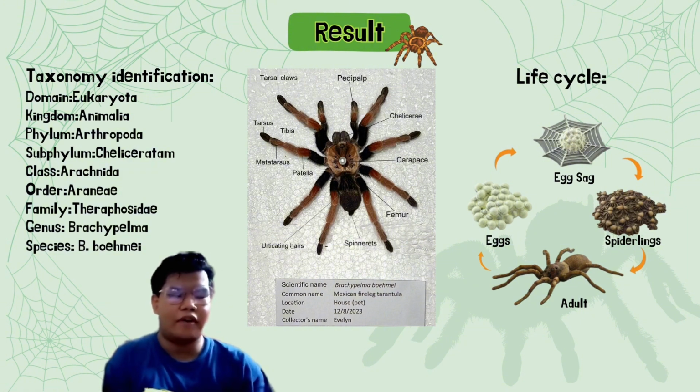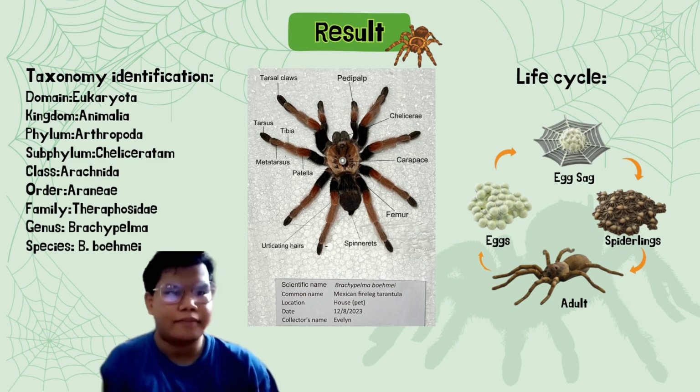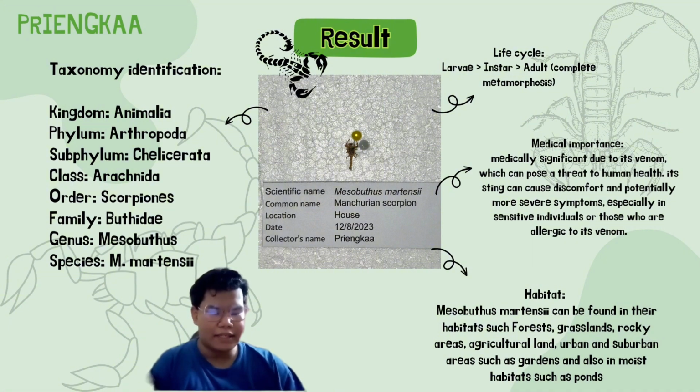The life cycle of the tarantula is from the egg sac, spiderling, and then adult. Prienkkaa's specimen has the common name Manchurian scorpion, and the scientific name is Mesobuthus martensii. The taxonomy identification is kingdom Animalia, phylum Arthropoda, subphylum Chelicerata, class Arachnida, order Scorpiones, family Buthidae, genus Mesobuthus, and species Mesobuthus martensii.